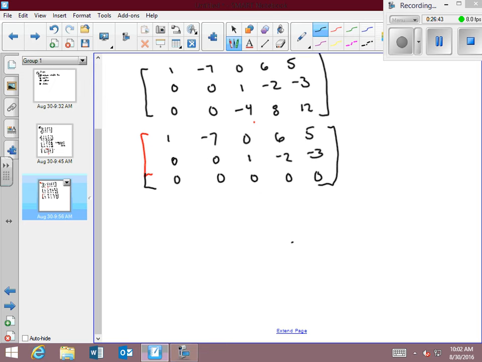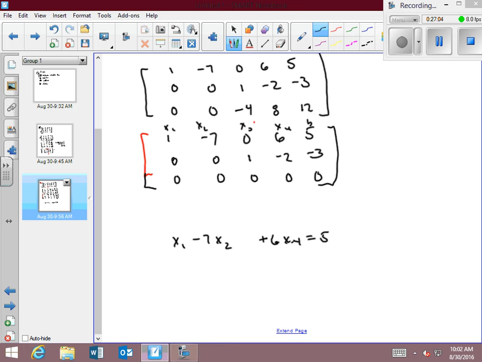If we write this out with x1, x2, x3, x4, and b, we have the equation x1 minus 7x2 plus 6x4 equals 5.